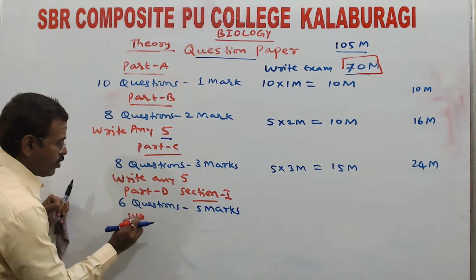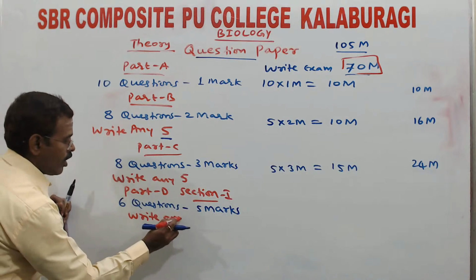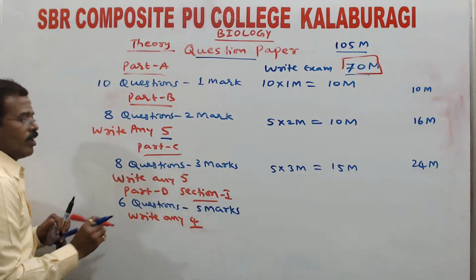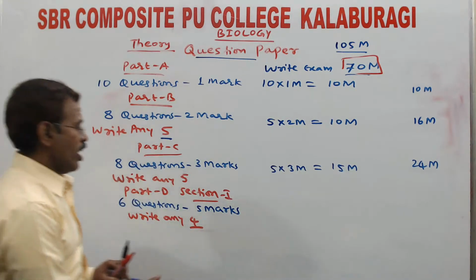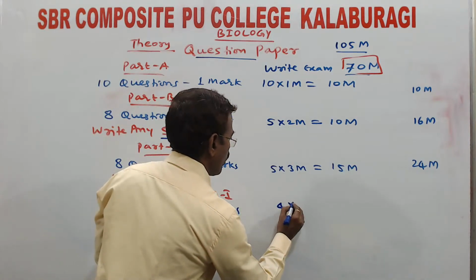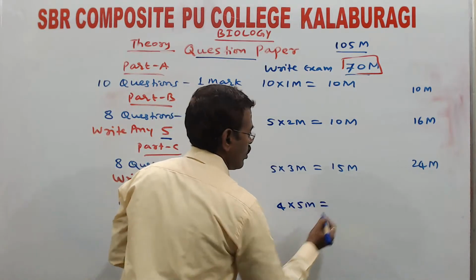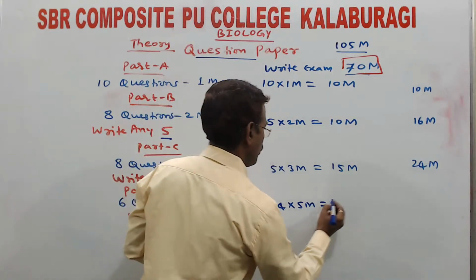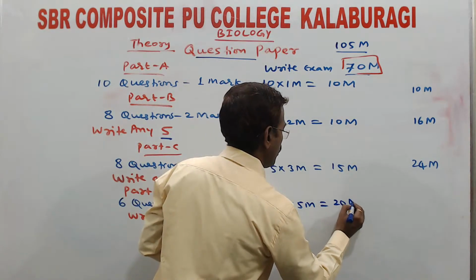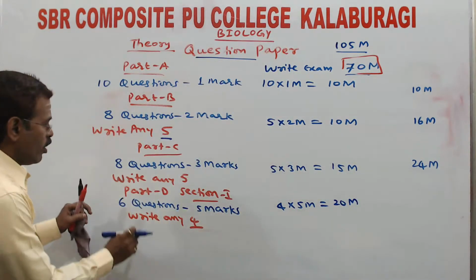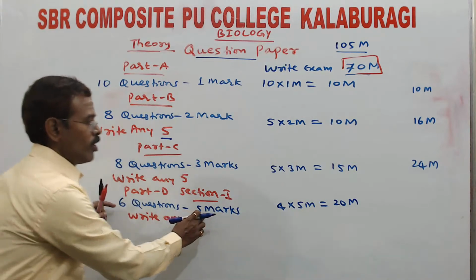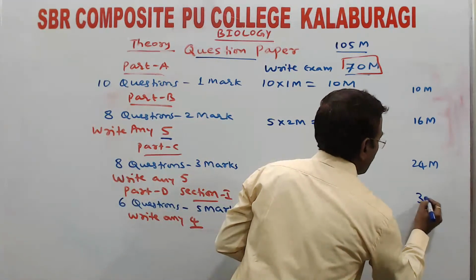We have to write any 4. So any 4 means 4 into 5 marks, it is 20 marks. How many will be asked? 6. 6 into 5, 30 marks.